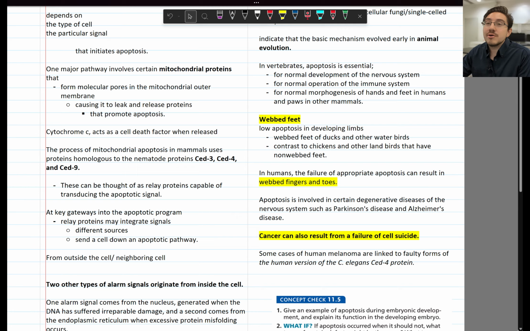Of course, you're going to have abnormal cells growing and growing and growing instead of dying out, and this could be a big problem. Like human melanoma, which is linked with faulty forms of the human version of CD4 protein. So very, very interesting. And these signaling pathways are very good areas for studying in cell biology and molecular biology.